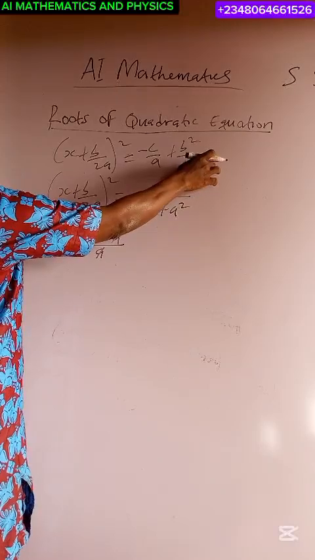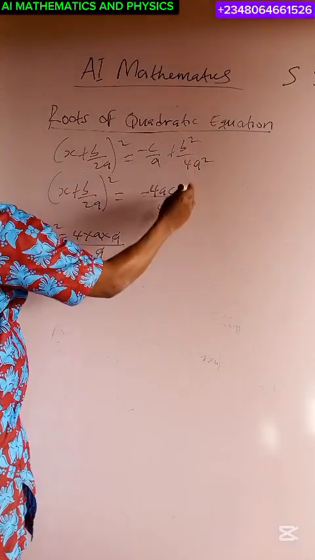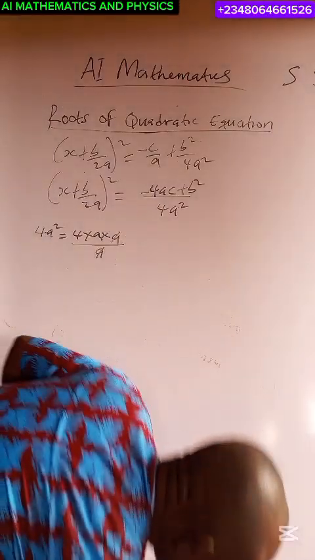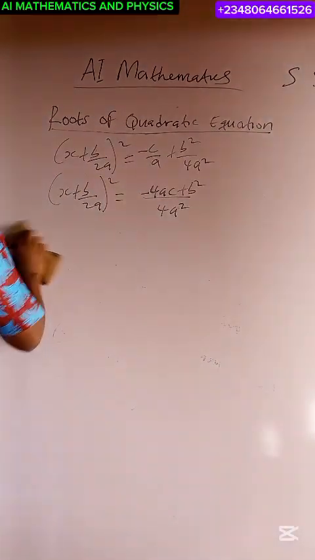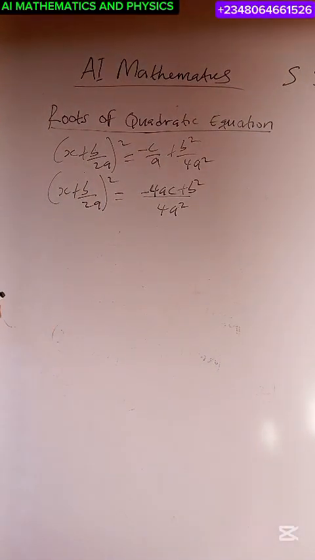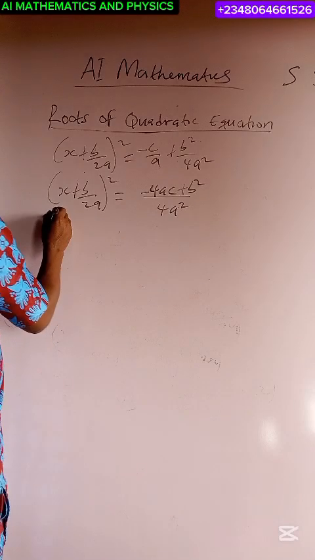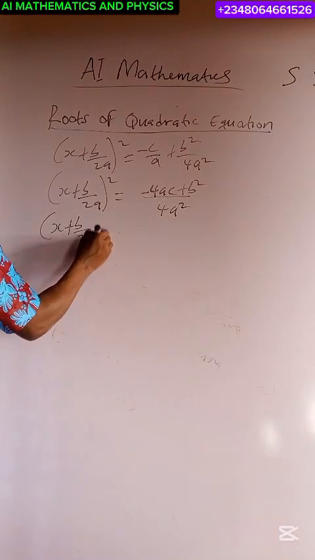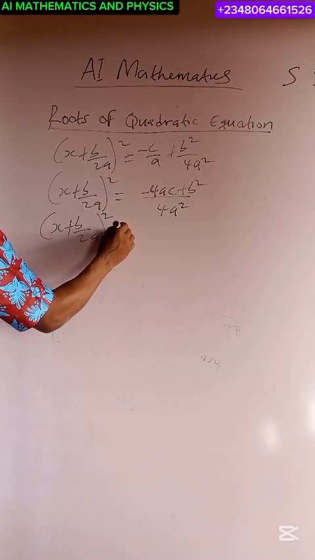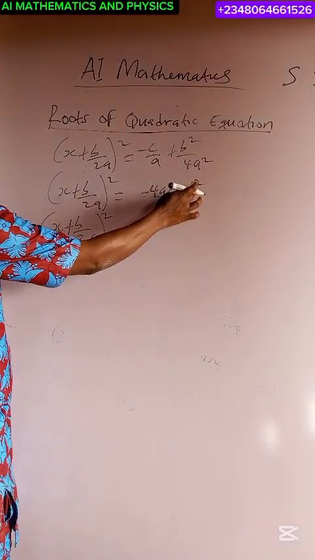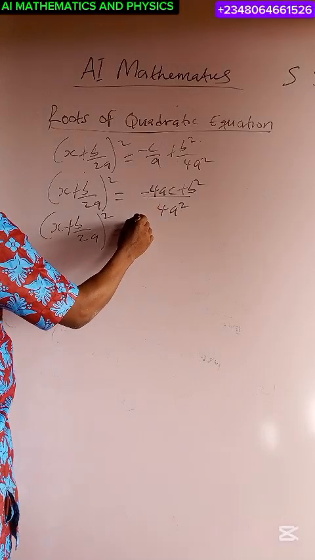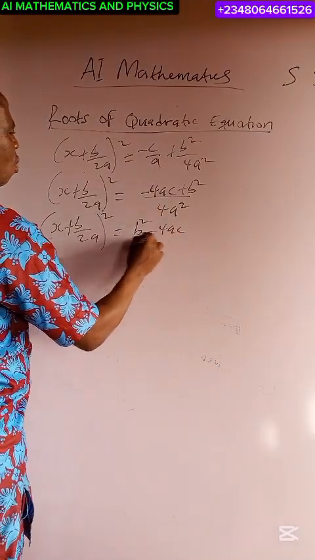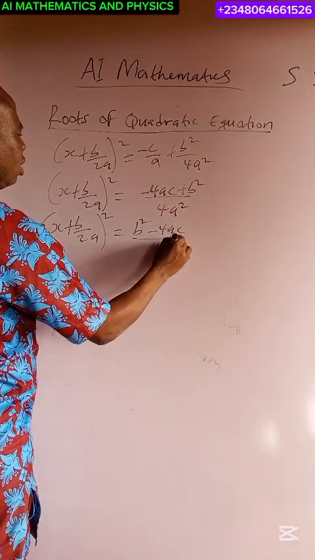How many 4a squared here? 1 times this, that will be plus b squared. Now, the next thing in mathematics, you observe and do what will make your work easier. This one you can write like this: b squared minus 4ac over 4a squared.